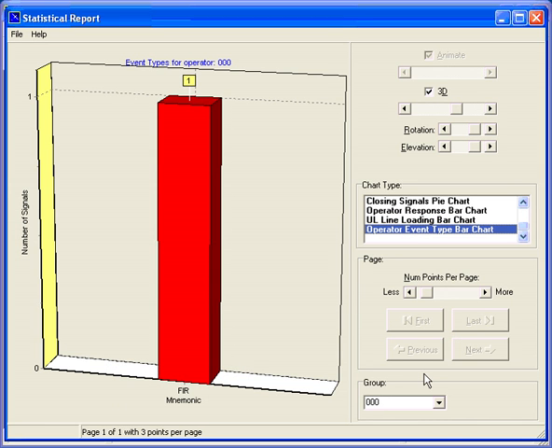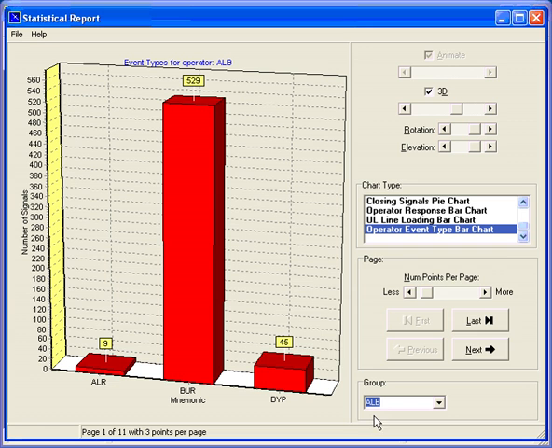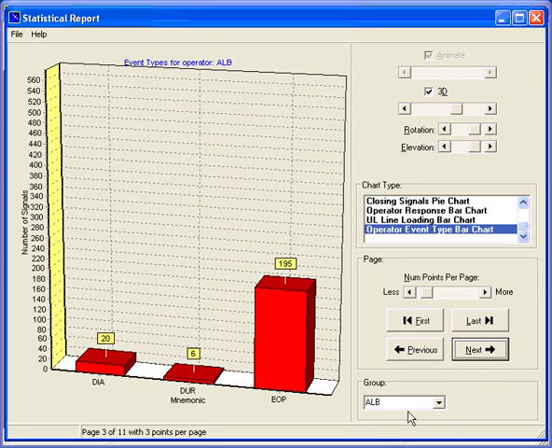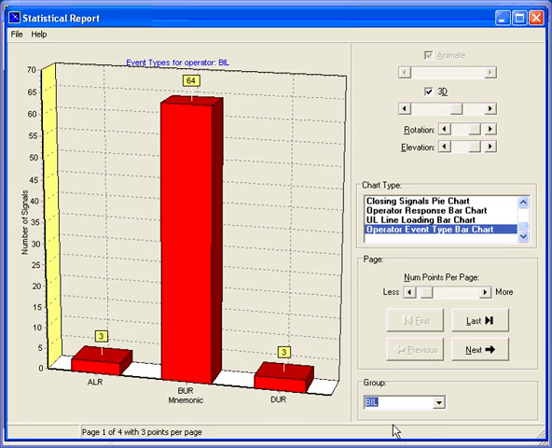We can look at the different operator IDs and start getting a feel for how many signals they've handled. So we know that on group ALB we have a total of 195 entry alarms, and so forth.